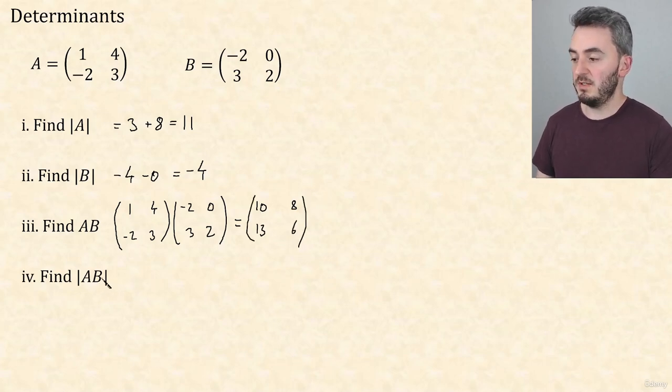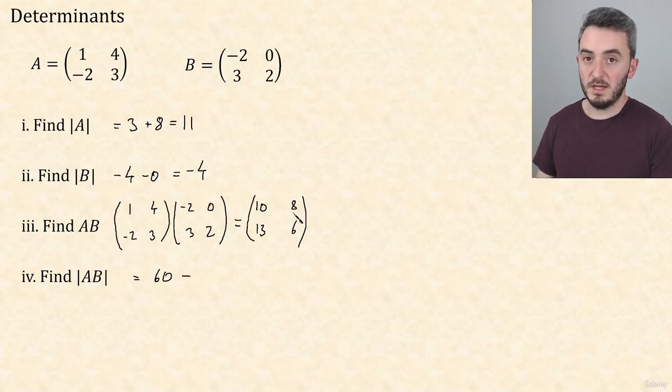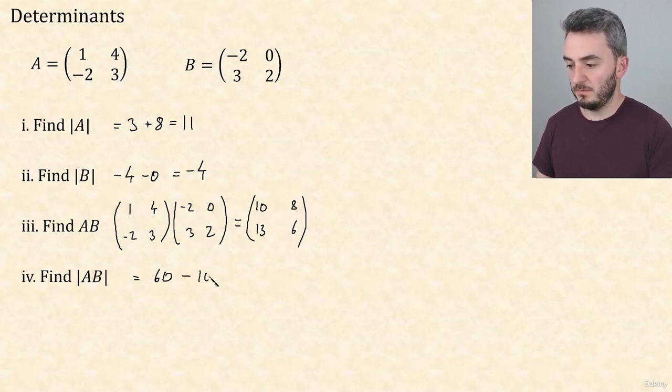So let's find the determinant of AB. Well, that is 10 times 6, which is 60, minus 13 times 8. And 13 times 8 is 104. So in total, that is minus 44.